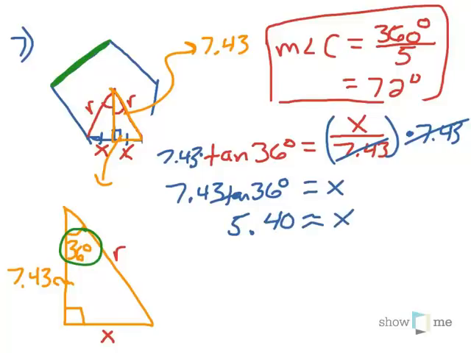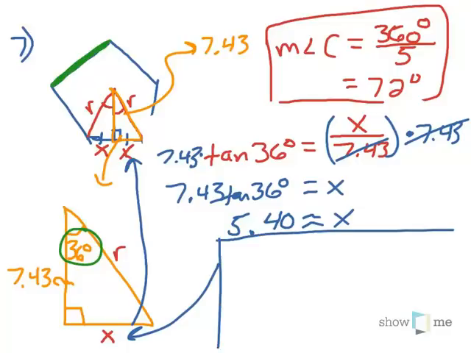Now, that 5.40 is not the length of a side. If you look down here, it's x, which in turn is half the length of a side. So, answering the question, find the length of a side.